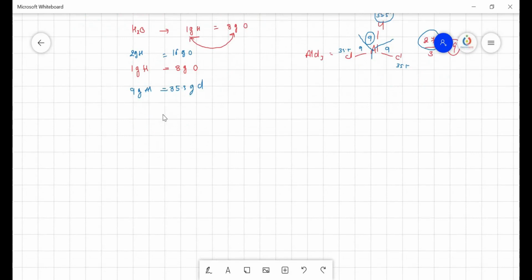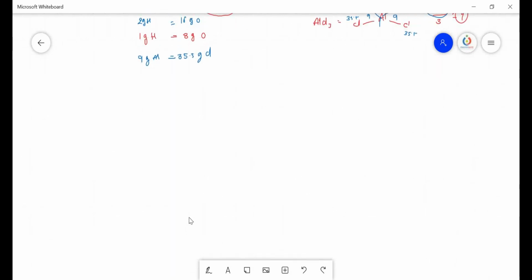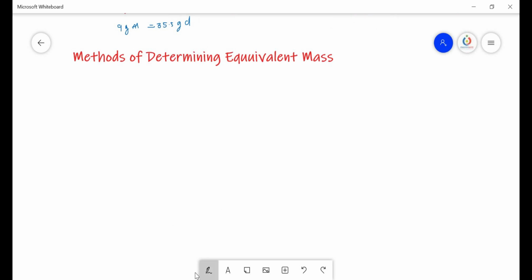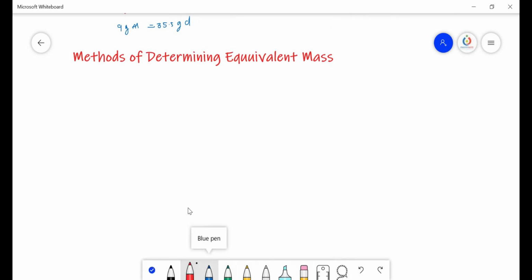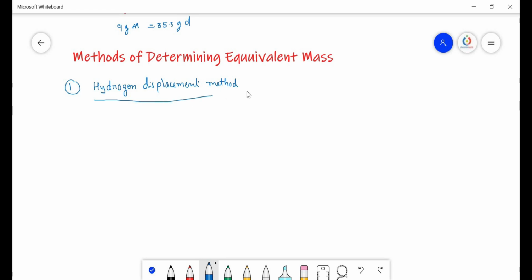Now let's see the methods that are helpful in determining the equivalent mass. First of all, the method is the hydrogen displacement method. Most of these methods are helpful in determining the equivalent mass of a metal.